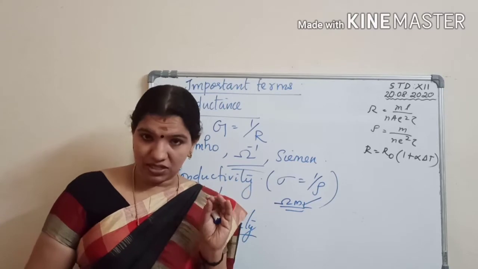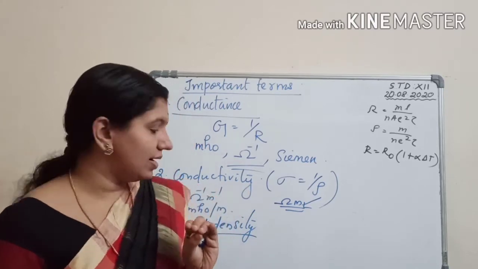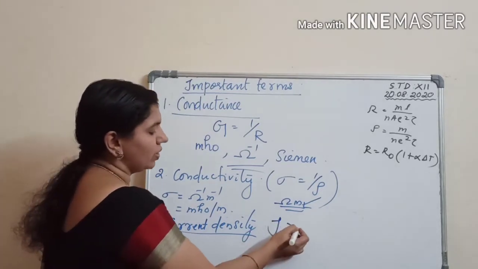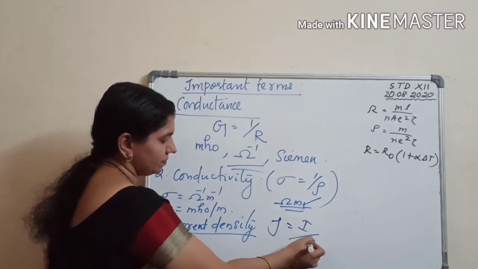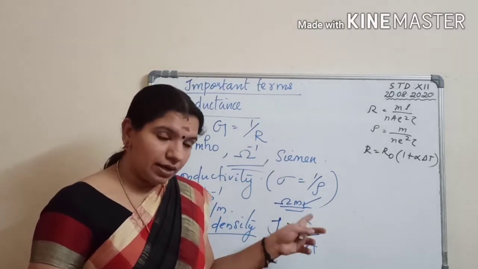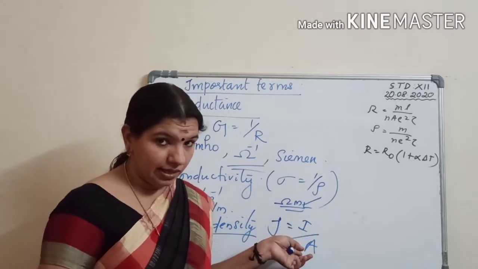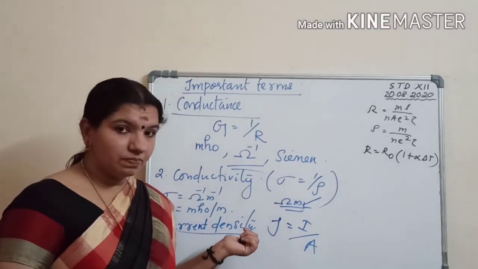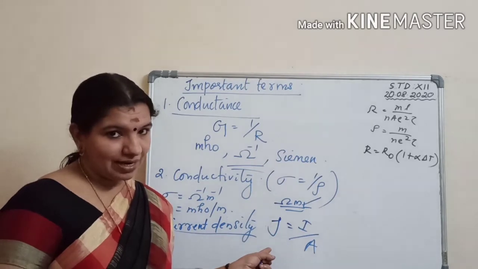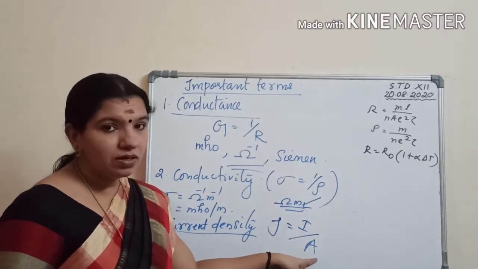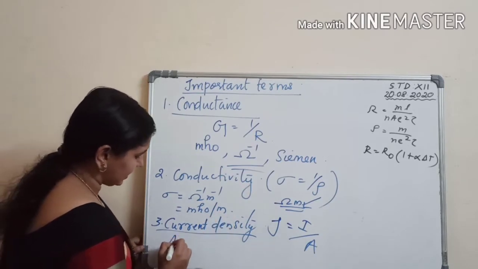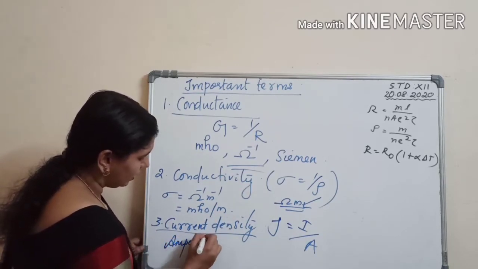It is a vector quantity and it is represented by the letter J. So J is equal to I by A. And the unit of current density is ampere per meter square. Clear?